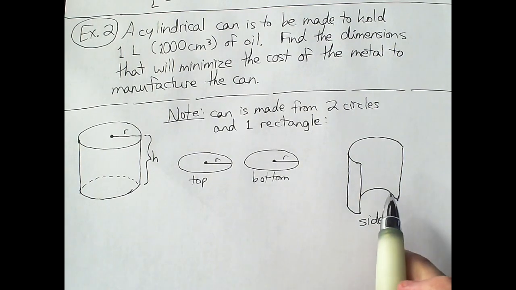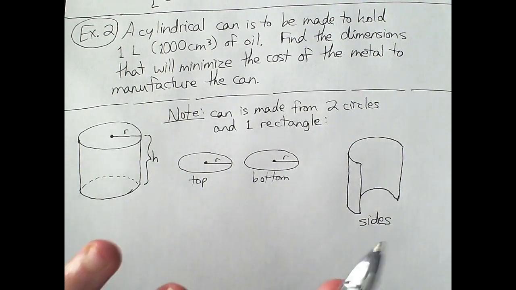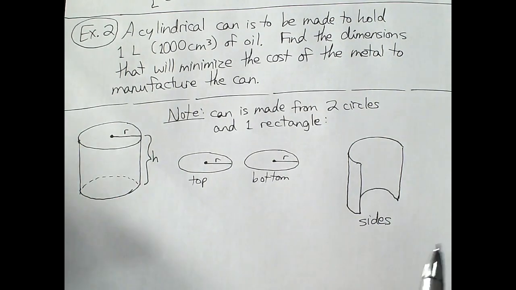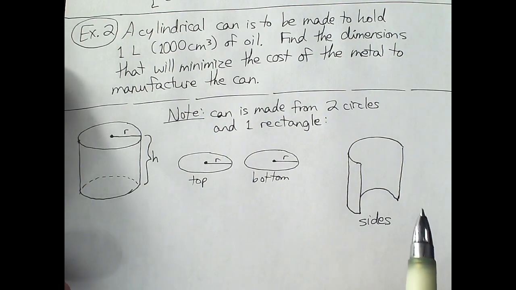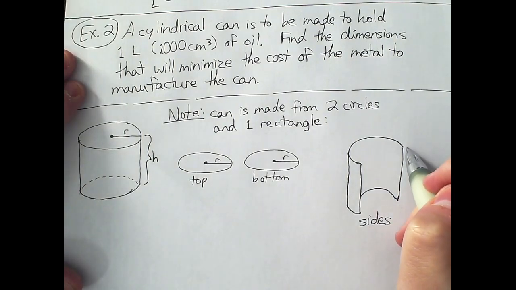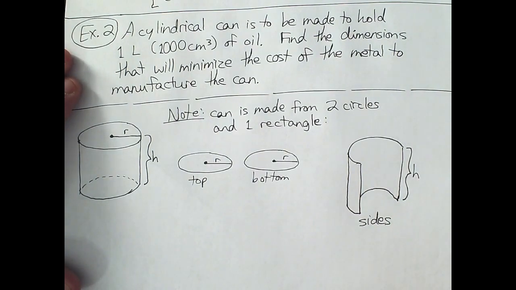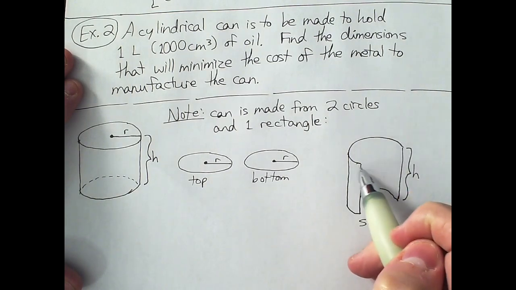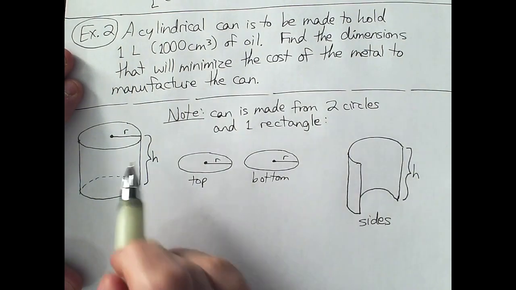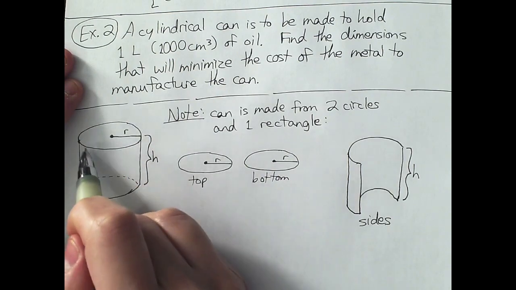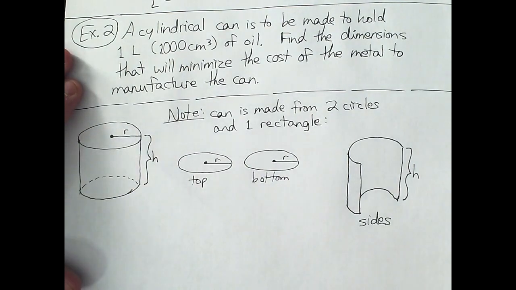And I claim that if you were to unwrap this and flatten it out on a table, it would be in the shape of a rectangle. And what are the dimensions of this rectangle? I guess this would be h. The height of the cylinder is the height of the rectangle. What about this curved part? The curved part seems like it's the circumference of the circle.